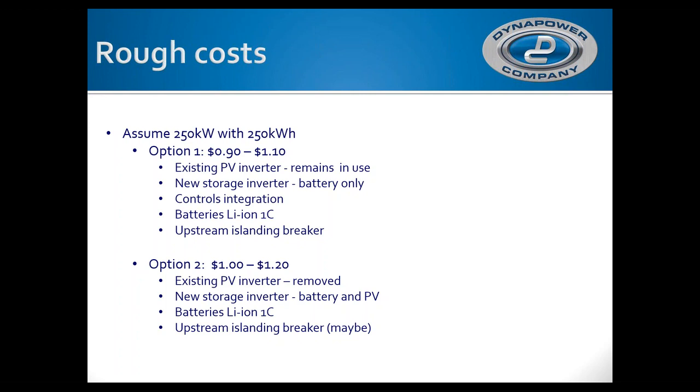But what that doesn't show you is what your added value streams might be from such a system, because once you've added a battery and the other capabilities that the inverter that goes with the battery can provide, then you can potentially also see some revenues from this system. Would that make sense?